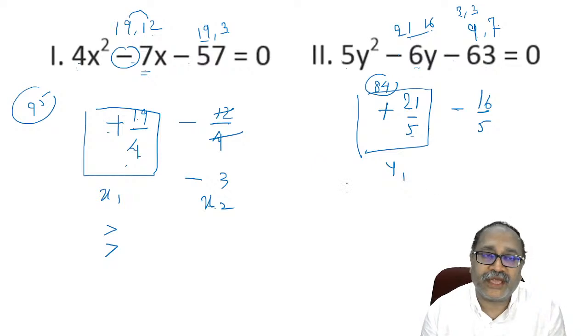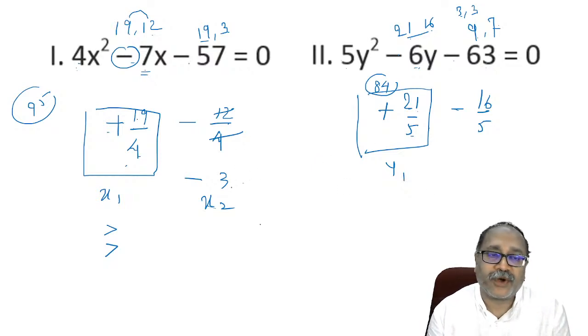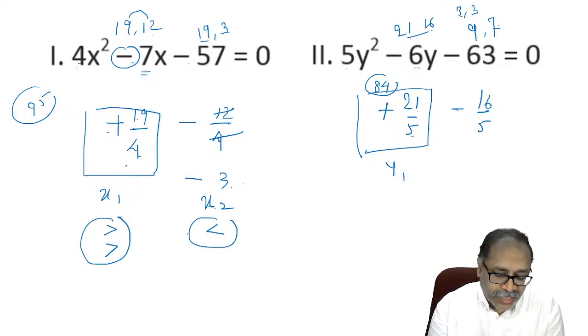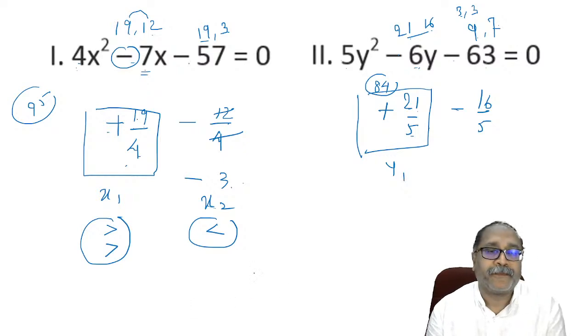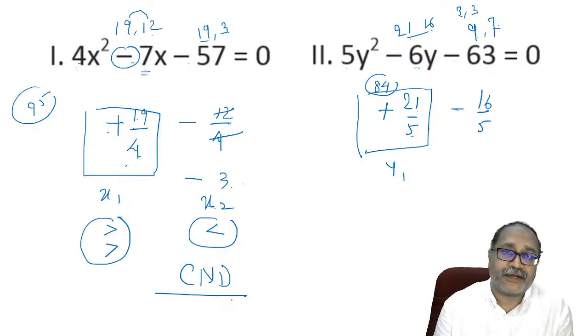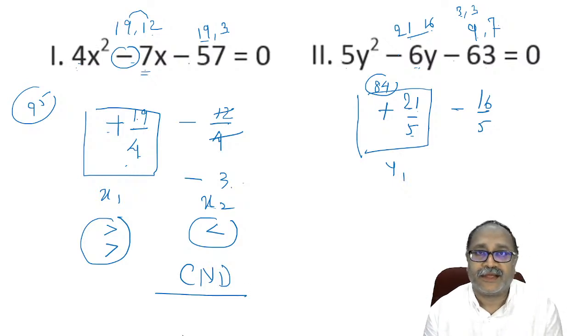And when it comes to x2, it's minus 3, and here it is positive. So therefore, it is less. So you can see that this is greater and this is less. So beautifully all my friends have responded. Cannot be determined. Aman Kumar, C and D, cannot be determined. That's great.